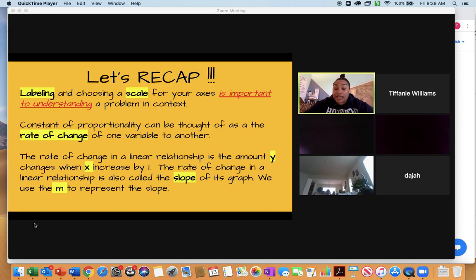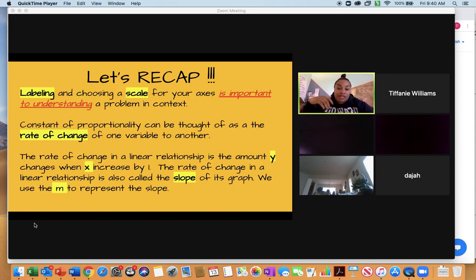It's okay, Deja. Can I read it and then you try to repeat it after me? Okay. So, constant of proportionality. Let's just use the letter K. So let's say K can be thought of as the rate of change of one variable to another. Can you try that? No, I don't want to read. It's okay, Deja. Thank you for advocating for yourself.